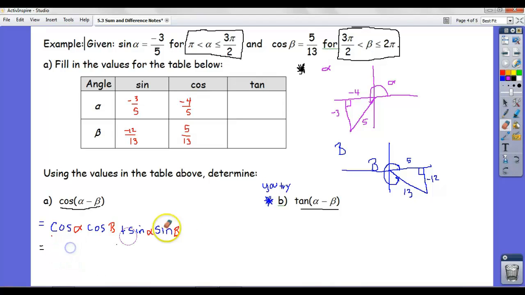We are substituting the entire trig expression. Cosine of alpha is negative 4/5. So that's negative 4/5 times the cosine of beta, which is 5/13. So the word cos is gone because it's the cosine of that angle that equals 5/13. And the sine of alpha is negative 3/5, and the sine of beta is negative 12/13.